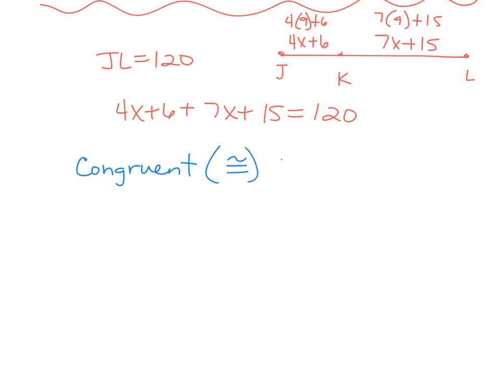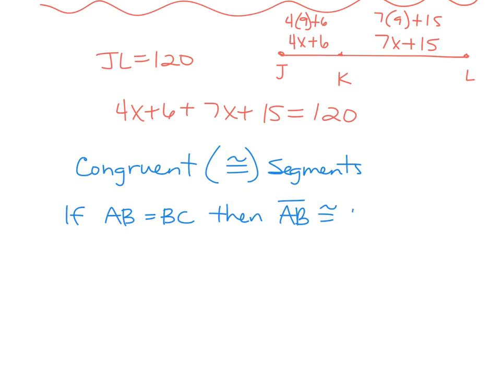So when we talk about congruent segments, basically what we're saying is if AB is equal to BC, then AB is congruent to BC. So the length of AB equals the length of BC.